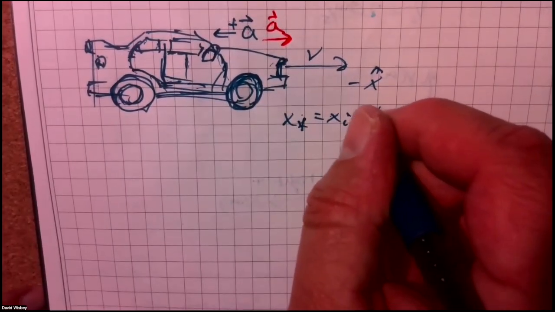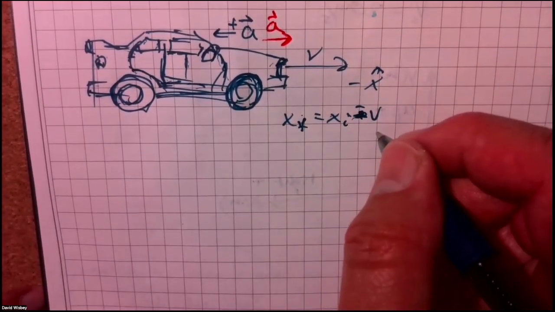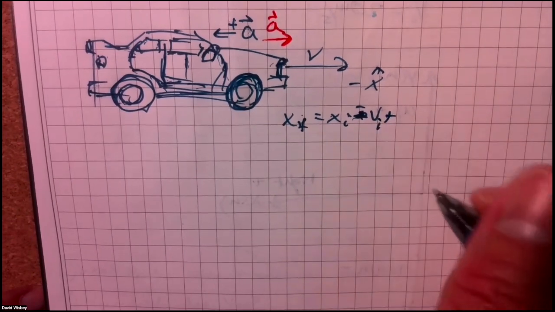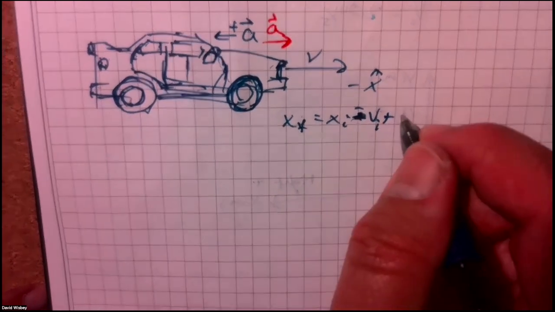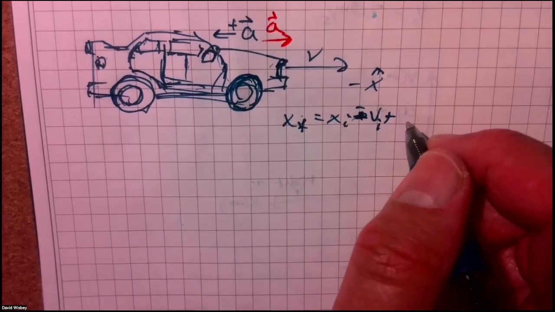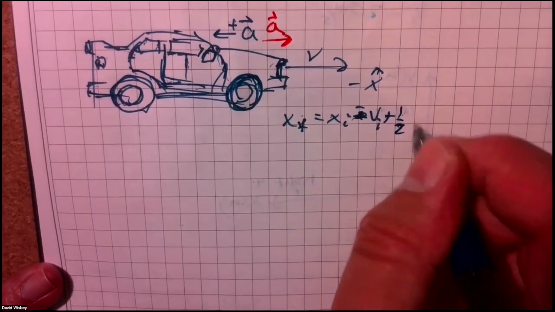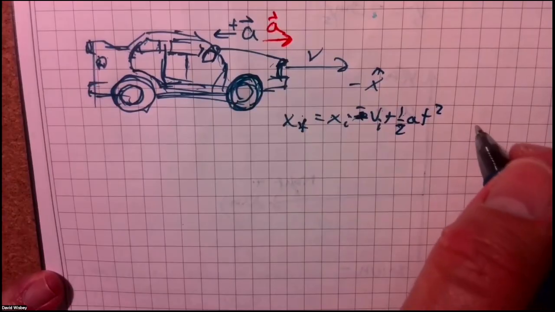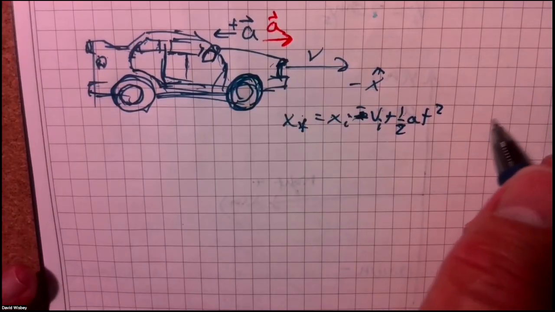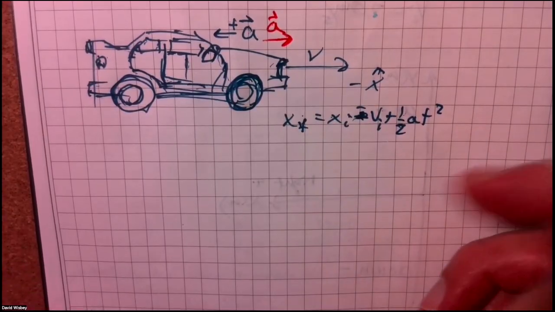Oh no, this would be negative because we're going the other way, right? This would be v initial t. And then over here, let's see, this would be positive 1/2 a t squared. Okay. Well, I'll tell you a little story about this equation.